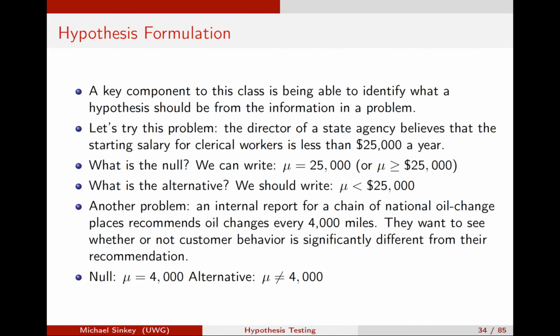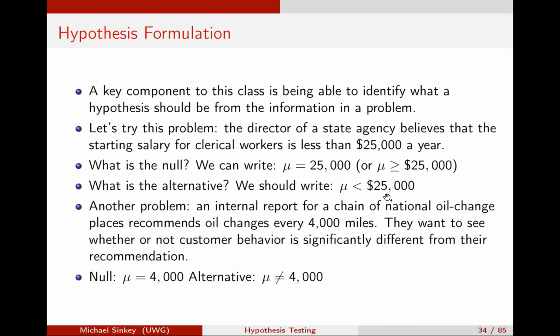Okay, so a key component to this class is being able to figure out what a hypothesis should be from the information in the problem. So let's look at this problem. Suppose that the director of a state agency believes that the starting salary for clerical workers is less than $25,000 a year. I start with the alternative. I should write mu less than 25,000.